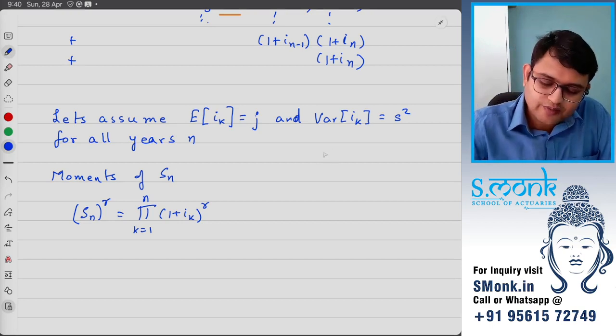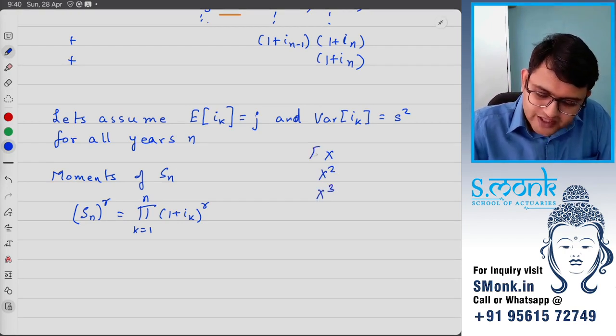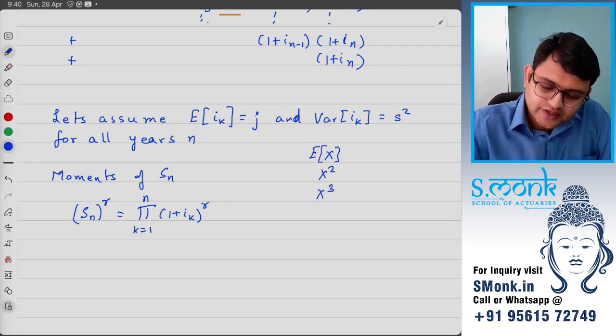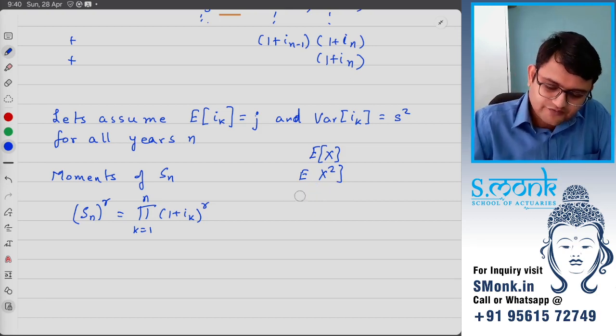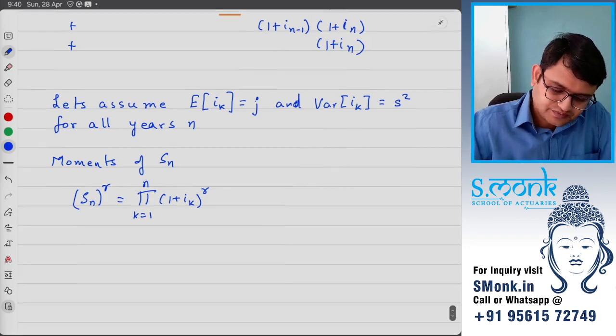So basically moments of X, we'll say X, then X square, then X cube, especially if we take expected values, right? These are the moments of X. So similarly, we are making a general term for moment of Sn. Now we'll find the expected values.